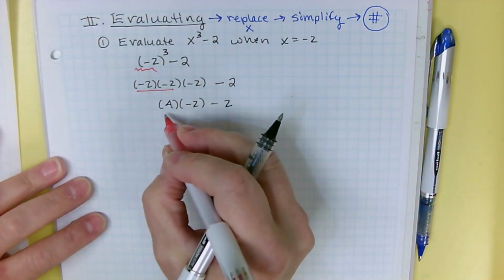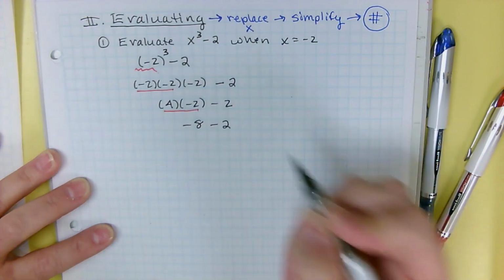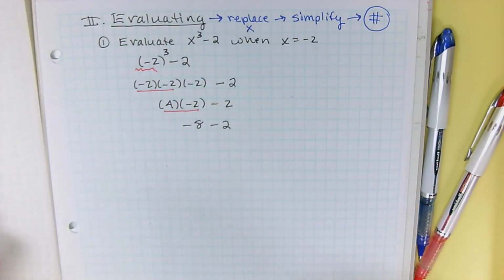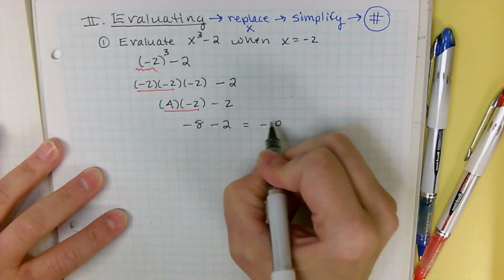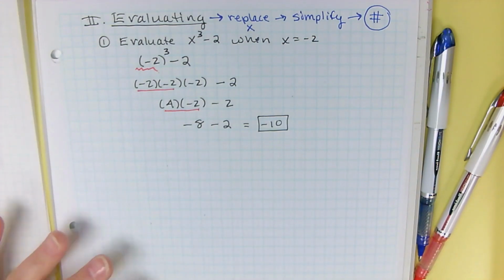Keep going to the right. 4 times negative 2 is negative 8. We're done multiplying. Now we do add, subtract from left to right. Negative 8 minus 2 is negative 10. So really, you just got to sub the number in, use parentheses if you need it, and then it's exactly what we've been practicing for the last week.